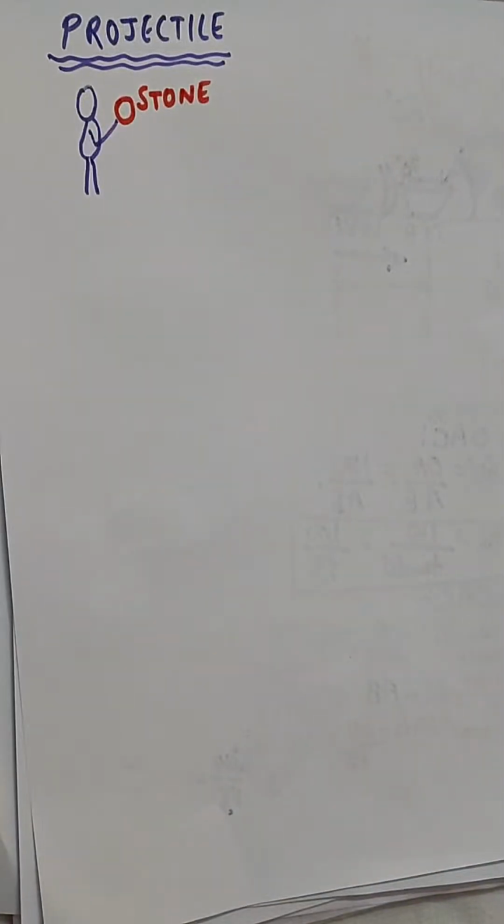If this is the stone which is thrown, then definitely it will follow a certain trajectory. It's given that the stone is thrown horizontally with a velocity of 10 meter per second.